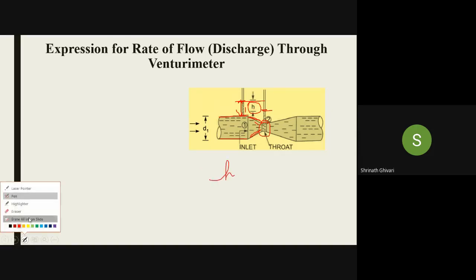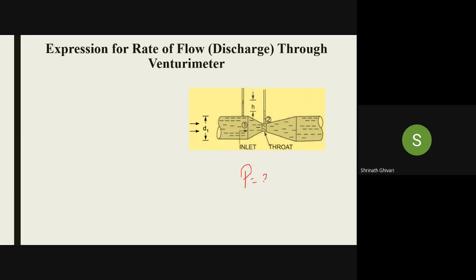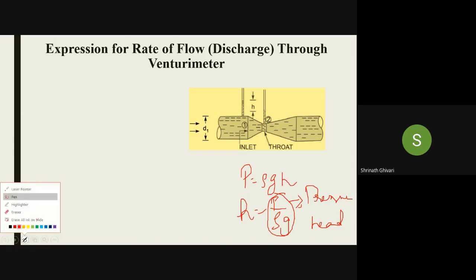Can anyone tell me, P equal to rho gh, so what will H be equal to? H equal to P by rho g. Where have you studied this P by rho g? In Bernoulli's equation. In Bernoulli's equation, we call it pressure head. Because of this pressure head only, we will be able to find the rate of flow using the equation in the venturimeter. Okay, fine.